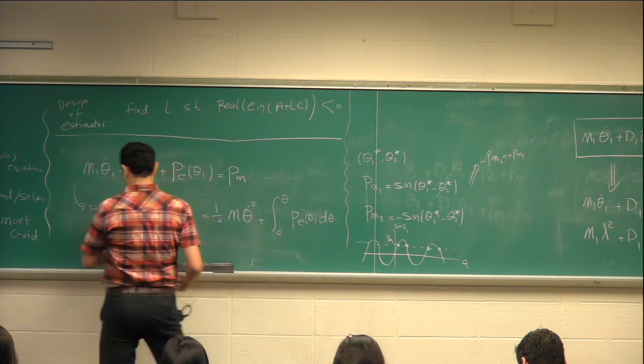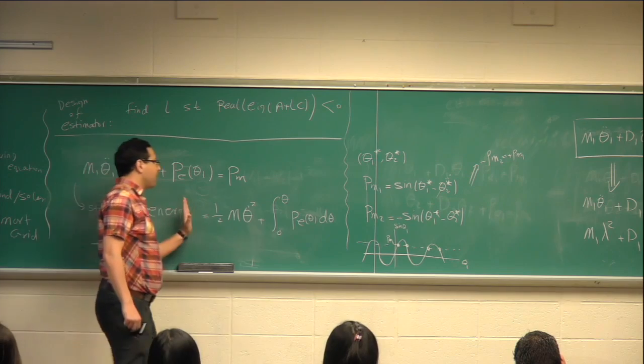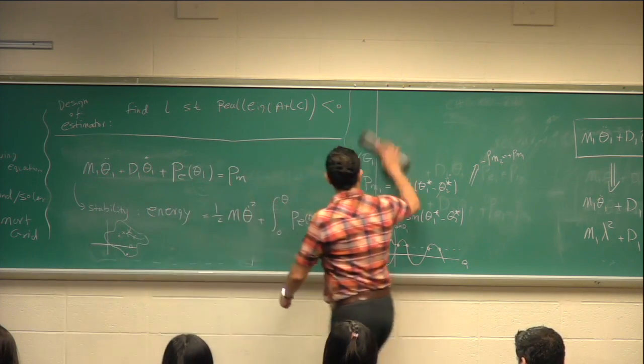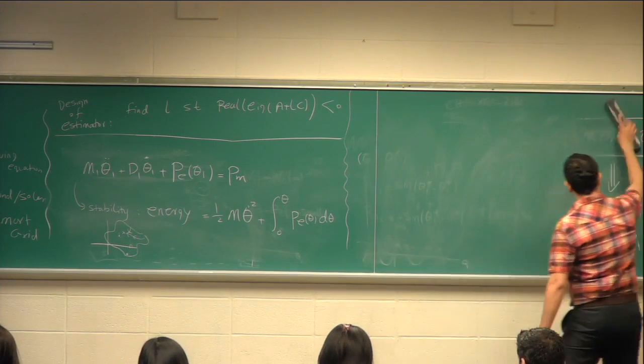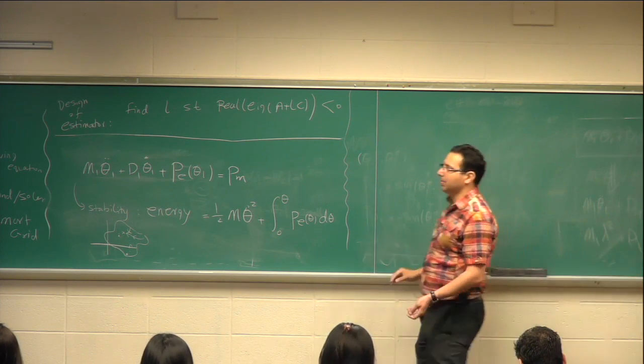It's a weird thing, so that's why I'm trying to give you some hints. In the homework, you're asked to prove that this is an energy function. And the whole point is to understand what energy means.